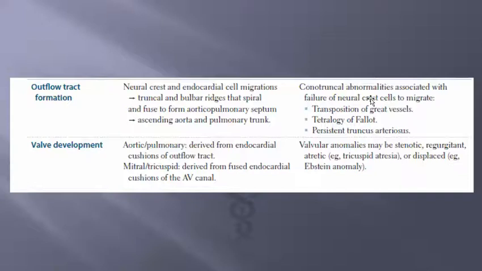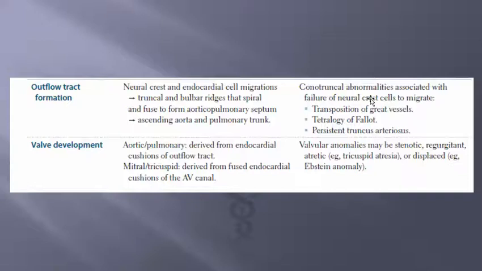Valve development. Okay, again, now you have the valves, not just the trunks or the tubing. Tubing, otherwise known as the aorta or the pulmonary trunk. The aortic and pulmonary valves are derived from the endocardial cushions. Now, make sure you know endocardial, not meso or exo. Why?